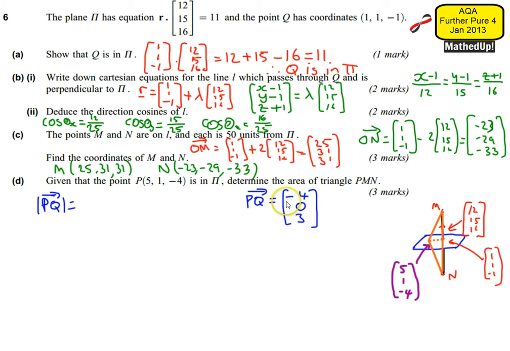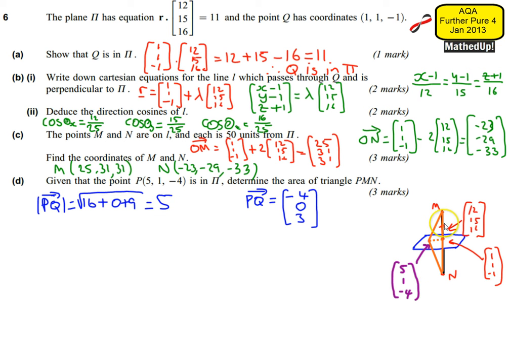Okay, so the magnitude of PQ is going to be 16 plus 0 plus 9 square rooted, which is actually going to be the square root of 25, which is 5. So the height of this triangle here is actually going to be 5.